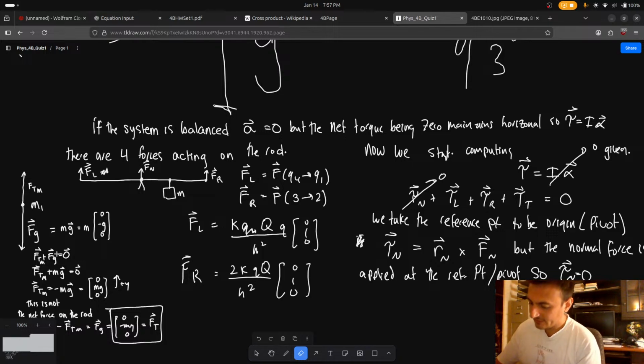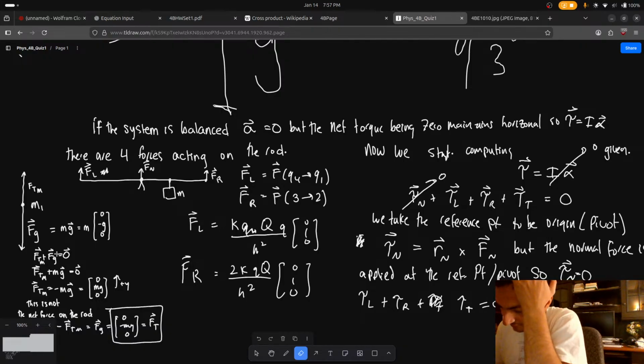Now we have torque L plus torque R plus torque T is equal to 0. So what do we do? First we get R L. Actually, this is not the worst idea.